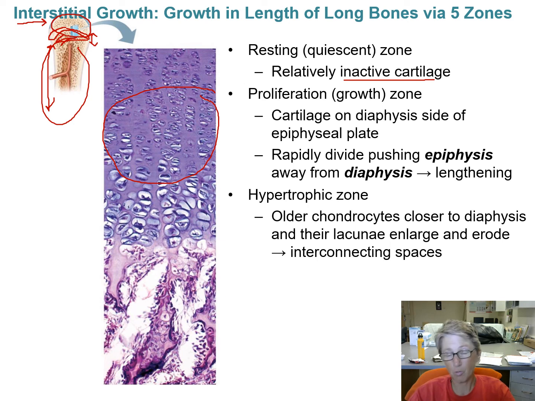And when you do that, you're growing your long bones. And then in the hypertrophic zone here, older chondrocytes closer to the diaphysis are living in lacunae. They enlarge and then they erode, and this leads to interconnecting spaces between the chondrocytes and their lacunae.